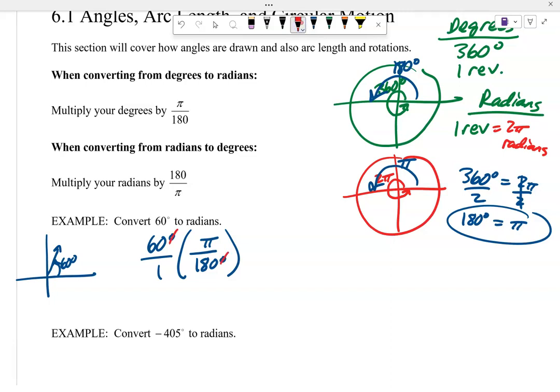So I got 60 over 180, which leaves us with 1/3, so 1 pi over 3. So 60 degrees is pi thirds radians.